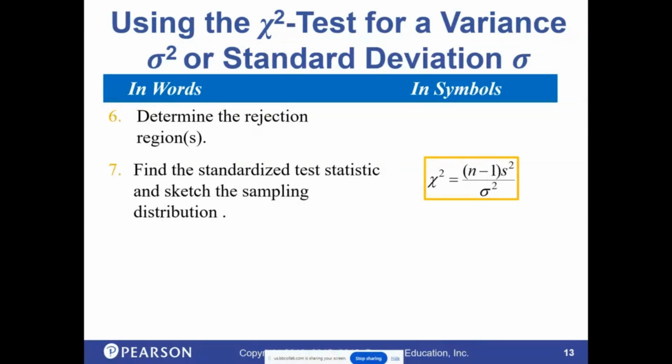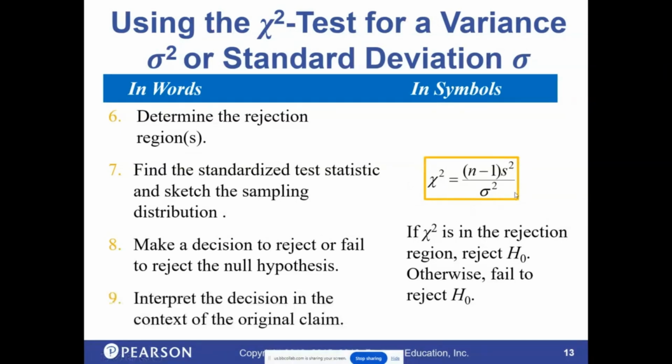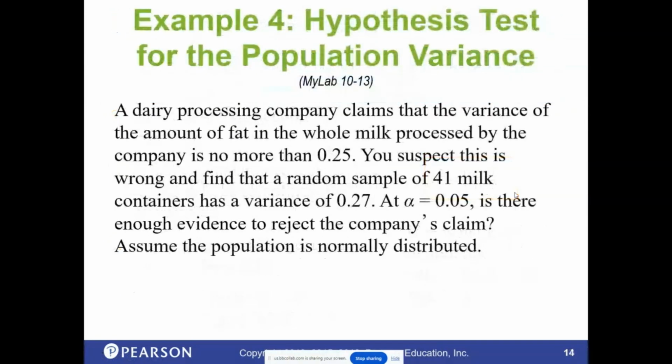And so next we'll find the standardized test statistic, and we'll sketch that sampling distribution to decide if it's in the rejection region or not, and use that to make our decision to reject or fail to reject the null hypothesis. So pretty much the same steps we've done on all these other hypothesis tests. The difference is going to be that our test statistic has a different formula this time. And finally, we interpret the decision in the context of the original claim.